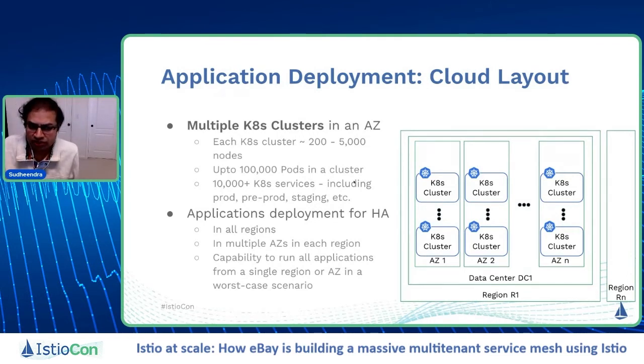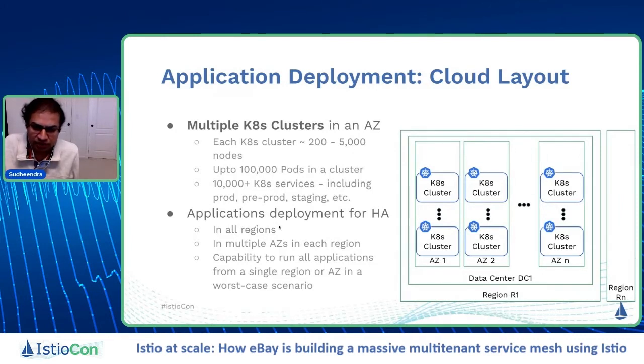Each Kubernetes cluster has anywhere from 200 to 5,000 servers or nodes, and there could be up to 100,000 pods in a cluster, hosting about 10,000 plus Kubernetes services. These services include all the different life cycle stages of our microservices, like production, pre-production, staging, etc.